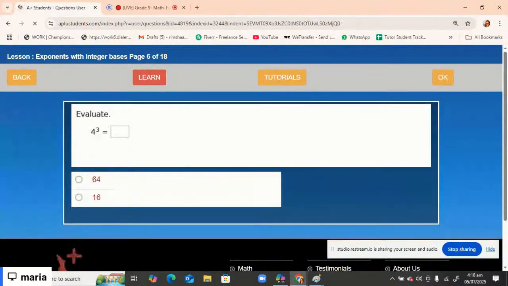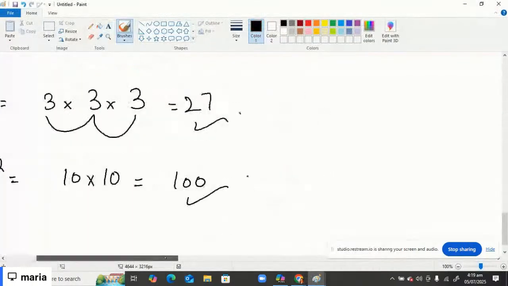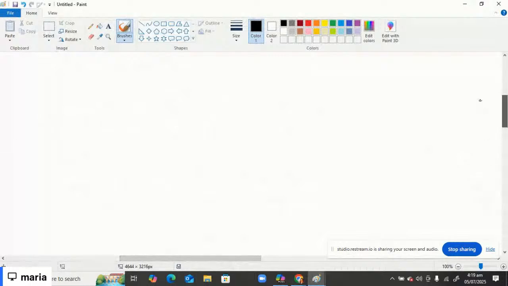All right. Everyone tell me the answer of this one. 4 power 3. This is a very easy question. How to solve it? Everyone solve it.